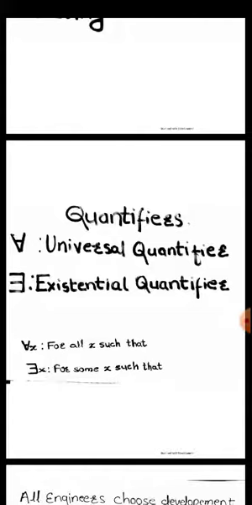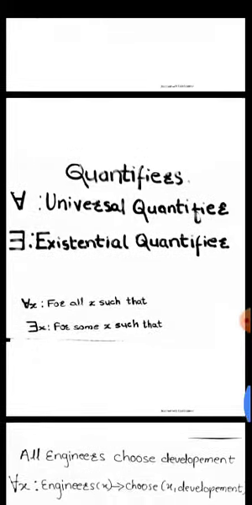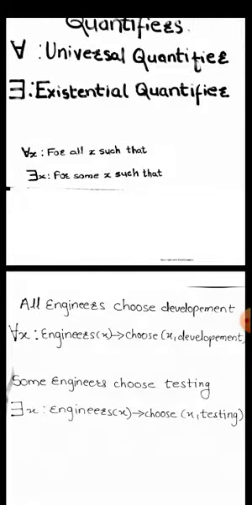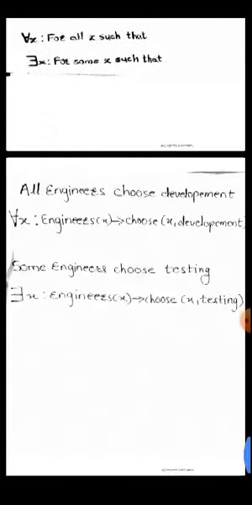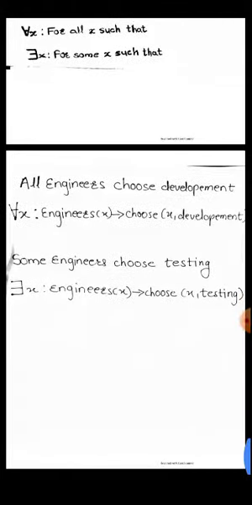Now moving towards our example: all engineers choose development. It will be converted into first order logic like universal of x such that engineers of x implies choose in bracket x comma development. Here x stands for engineers.